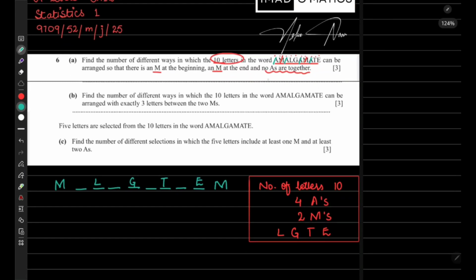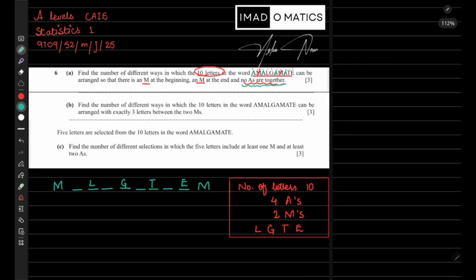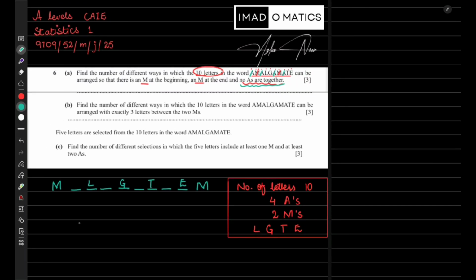Whenever we have to look for no A's together, or no two people or no two things together, we take this kind of condition, like you take L, G, T and E. So how many places could be possible for A's? This space, this space, this space, this space and this space.